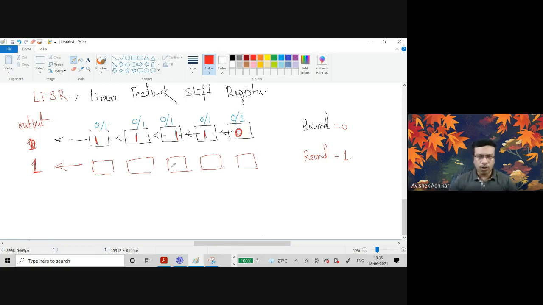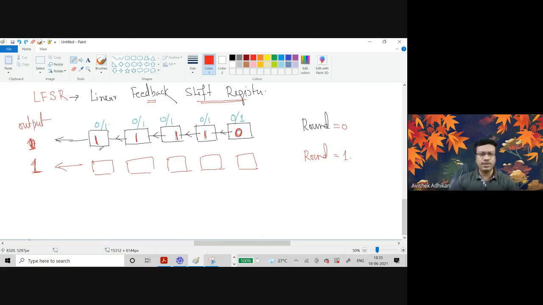Okay. So it is not only shift, it says it should be feedback also. So some feedback will also be there. Let us have a look at what that means. Feedback means what? Suppose I write it like C0, C1, C2, C3, C4. So this is my C0 in terms of matrix.